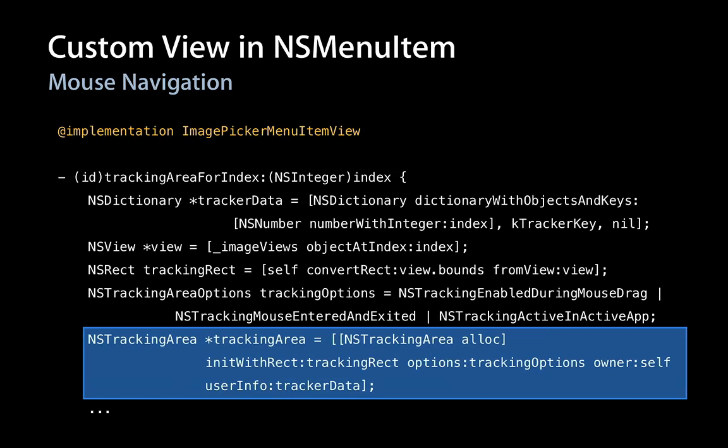Real important, make the owner self so that your custom view receives the mouse entered and mouse exited events. And then that dictionary that we created at the beginning as the user info, and this will allow us to associate the view, the spinner, and the URL that's all associated with this tracking area.